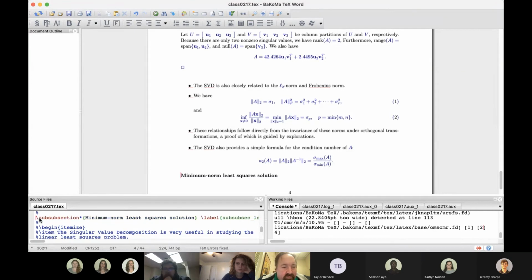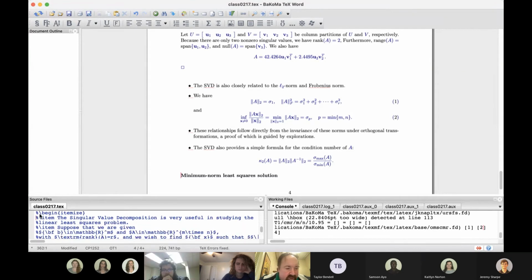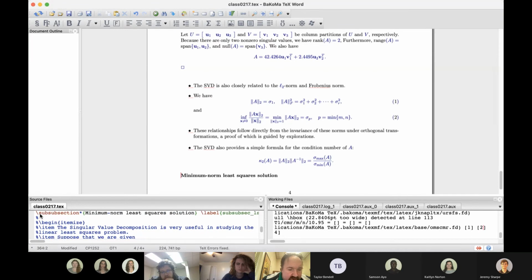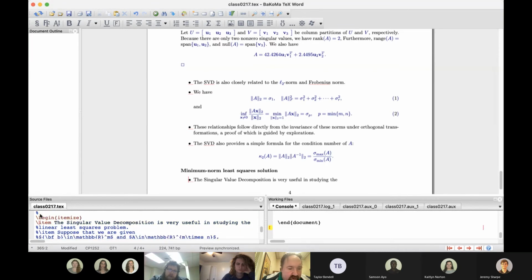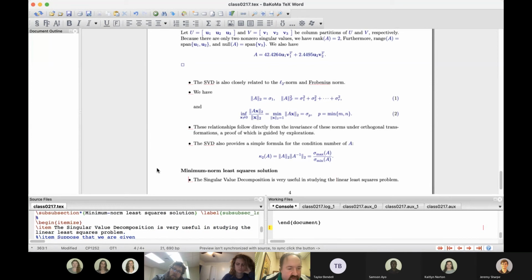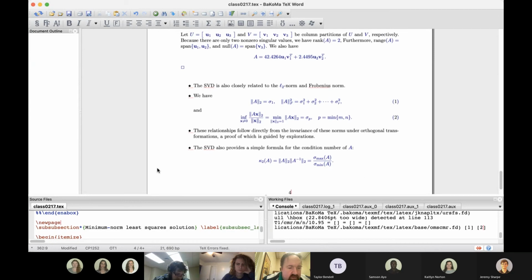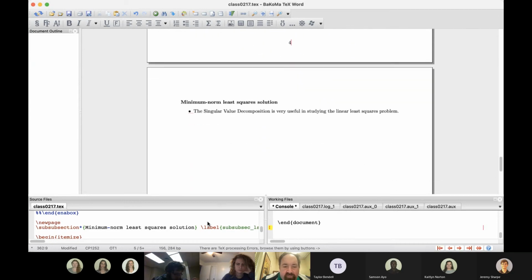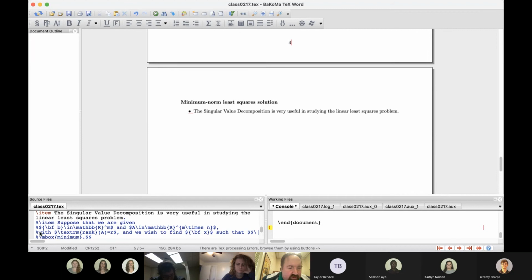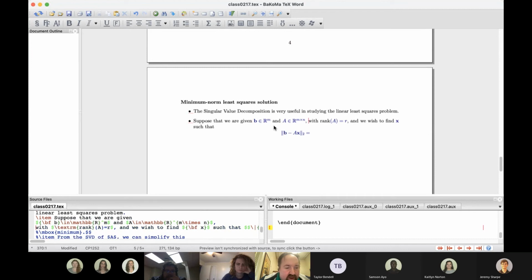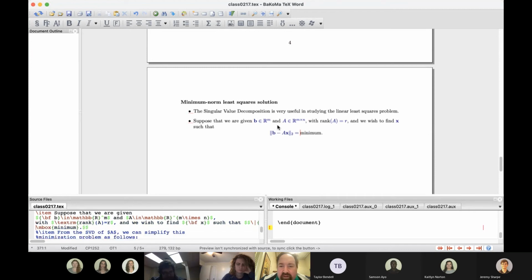All right. Now, some applications of the SVD for least squares. Suppose I have a least squares problem where I'm not assuming anything about the size of A. So this could be an overdetermined or underdetermined system.